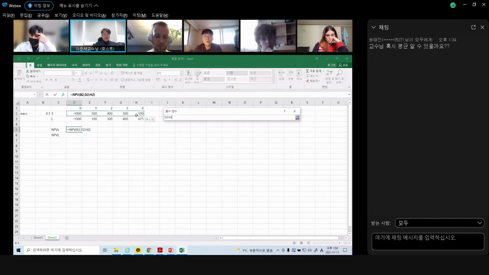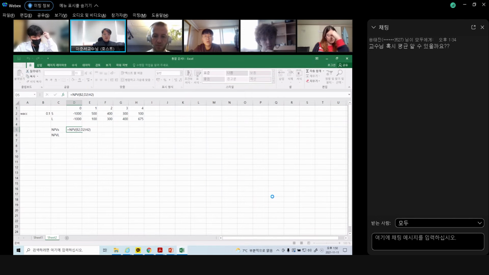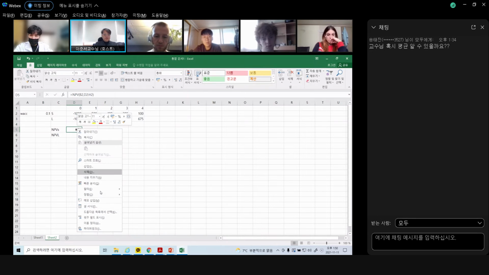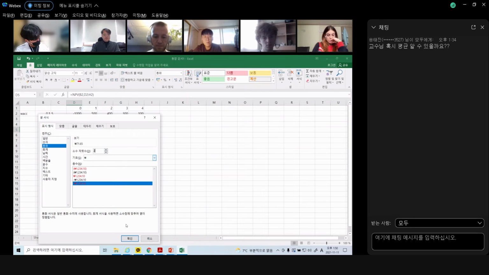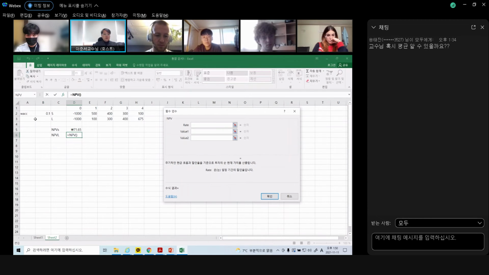Just click and drag. That's it. So if you confirm, then $72. How about the net present value of project L? Net present value, rate 10%, values, just click and drag.